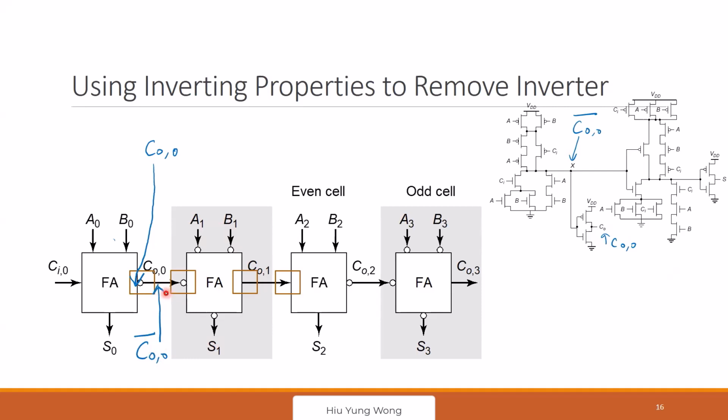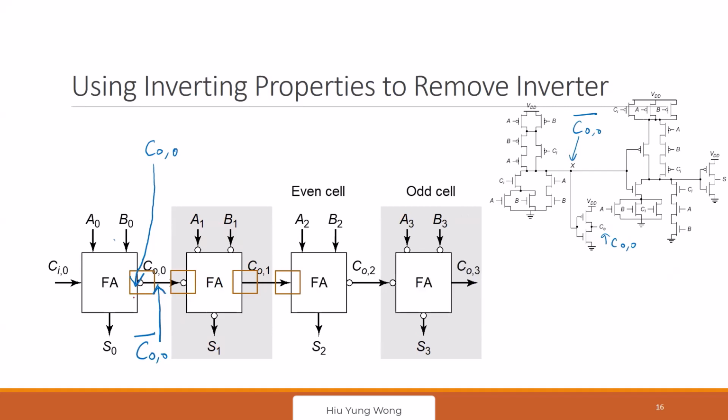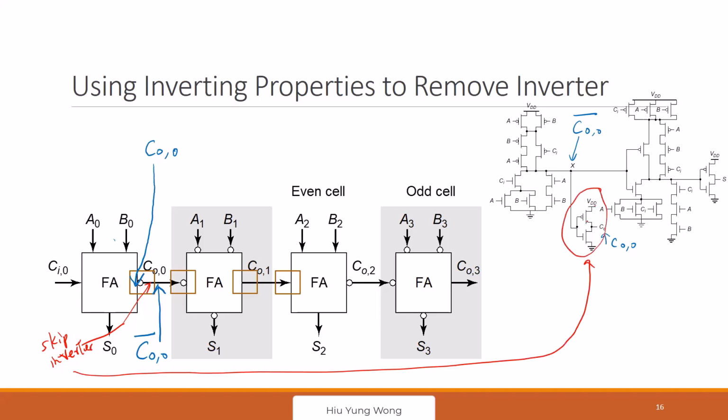If this is the case, then I can just skip the inverter. Maybe I'll draw here, skip it. I don't need to add an inverter, because if I remove the inverter, the output will become CO0 bar. And then this can feed directly into this circuit.